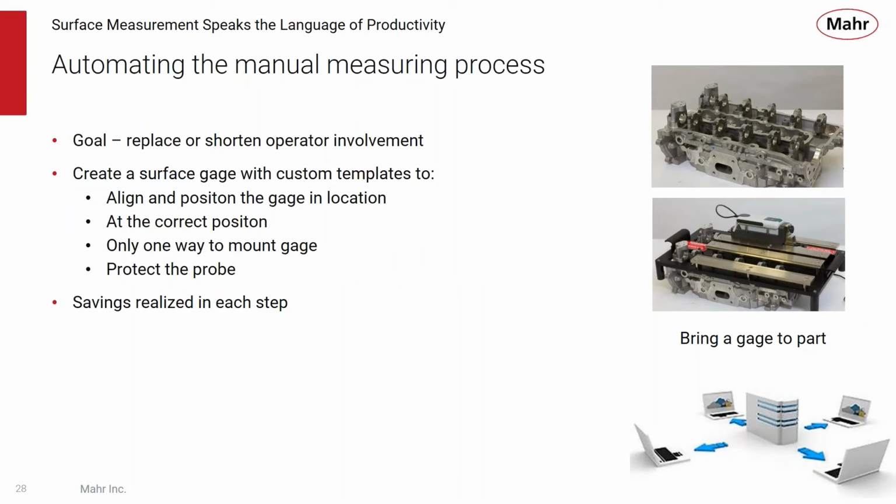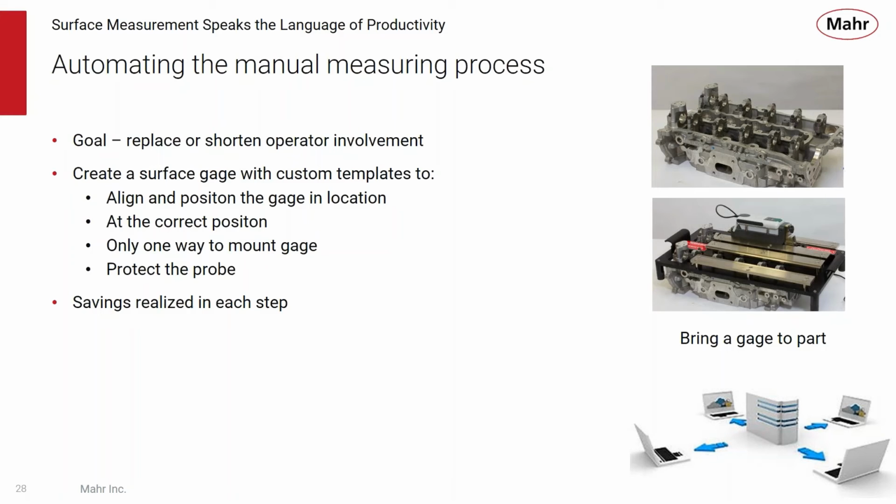Another way of doing that is to create templates for special gauging applications. And a template that might fit on the top of this engine component, for example, would help align and position the gauge in each of the various locations at the correct position.